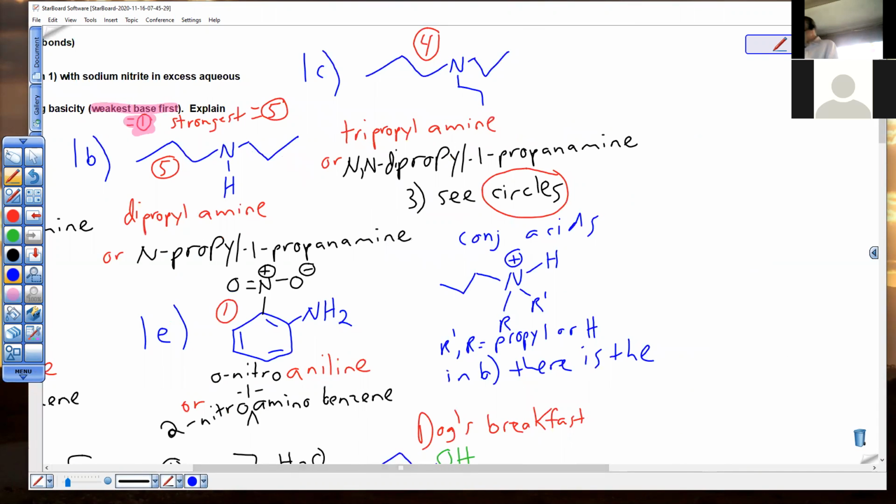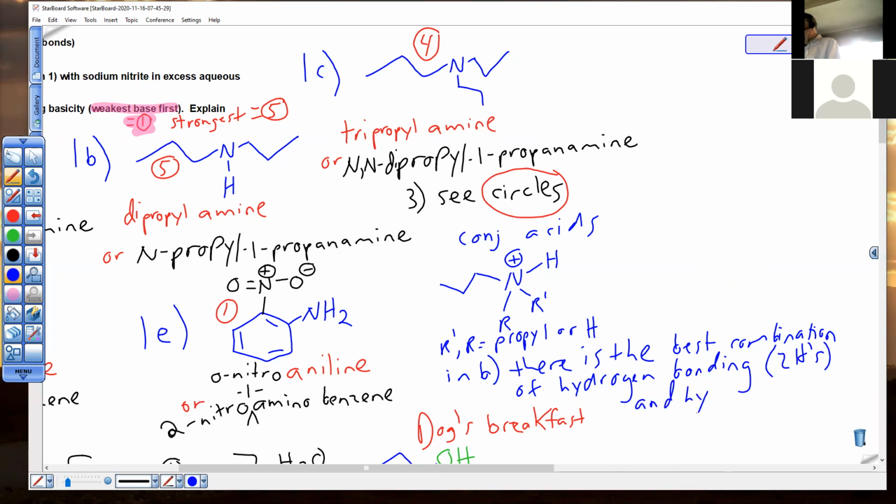In B, there is the best combination of hydrogen bonding, there's 2 propyls in B and 2 H's in the ammonium ion. 2 H's and hyperconjugation. 2 propyls.